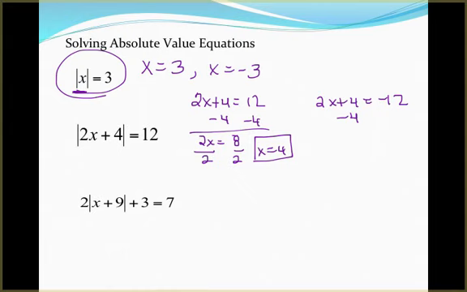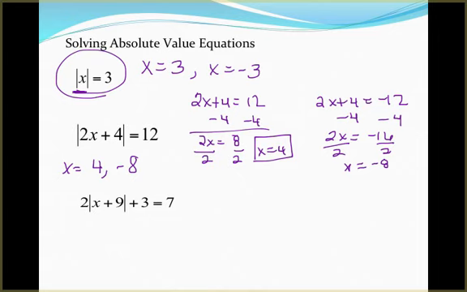In this case, you're going to see we do not get negative 4 for the other solution. So if I subtract 4, I get 2x is negative 16, and divide by 2, and x would be equal to negative 8. So my two solutions for right now would be 4 and negative 8, but I need to test those to make sure that neither of those are extraneous.